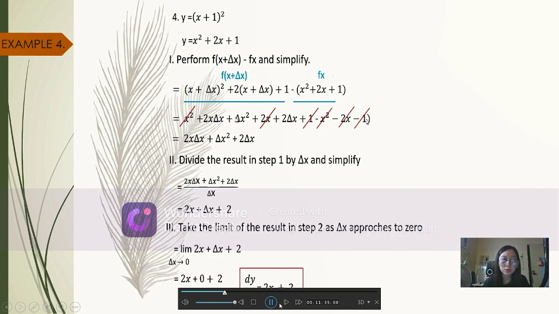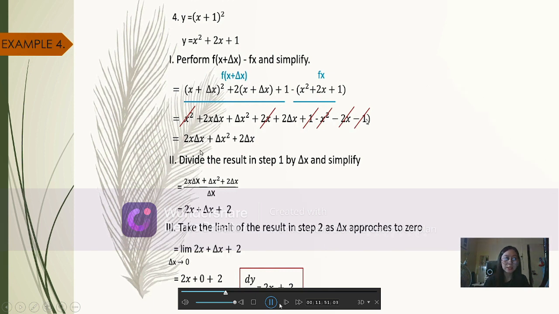Dito, delta x squared plus 2x plus 2 delta x plus 1. Dito pa lang natin siya ilalagay, yung 1. Then, minus x squared negative 2x minus 1.